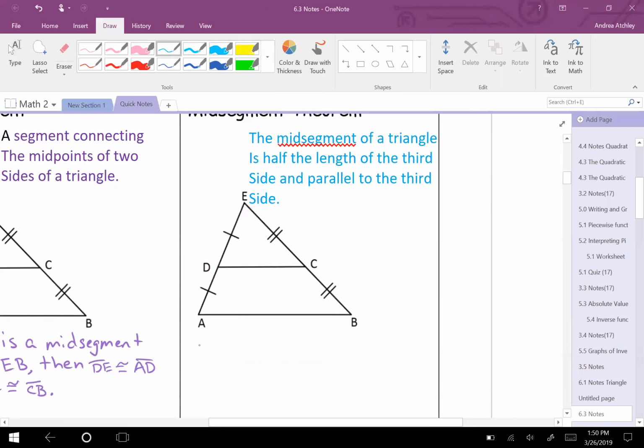Okay, so we'd say if segment DC is a midsegment of triangle AEB, then DC is equal to 1/2 the measure of AB.